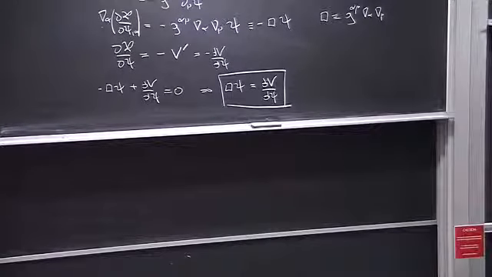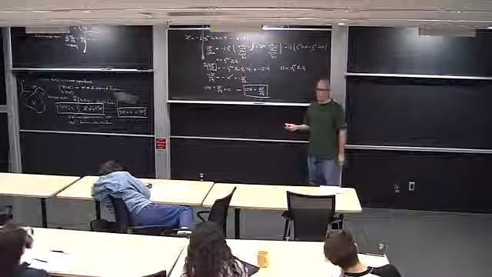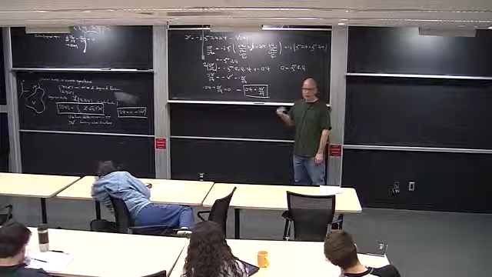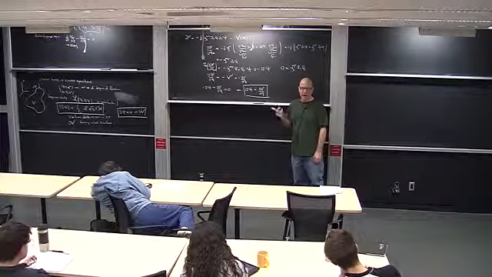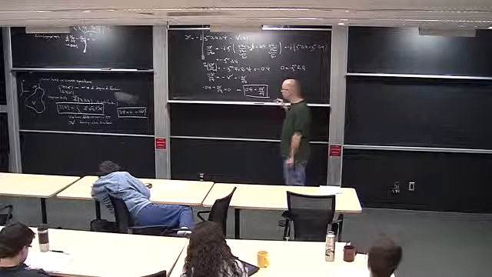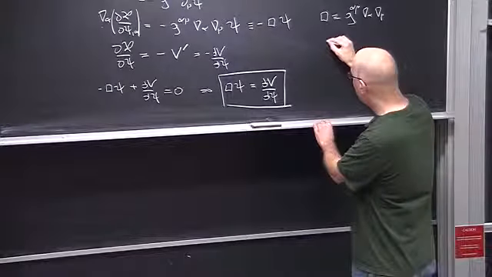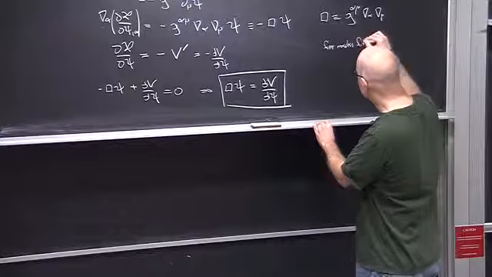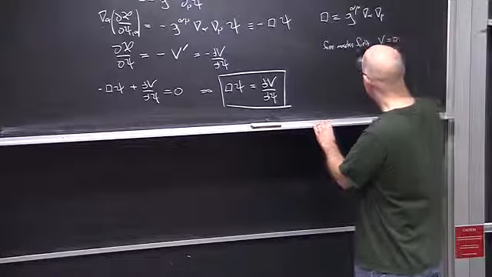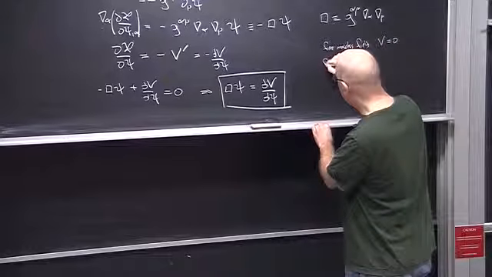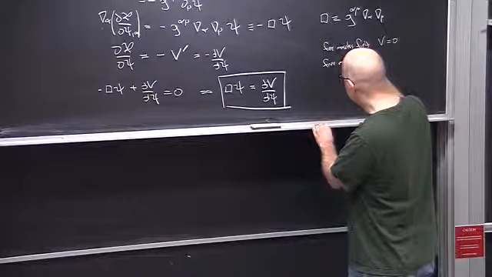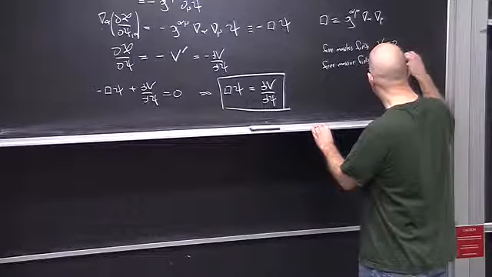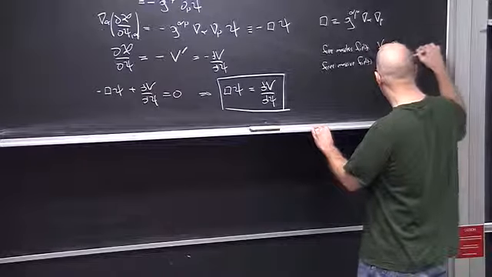So if we're talking about a free massless field, V would be 0, and we would be getting the usual wave equation, box psi equals 0. If we're talking about a free massive field, V would be equal to 1/2 m squared psi squared.